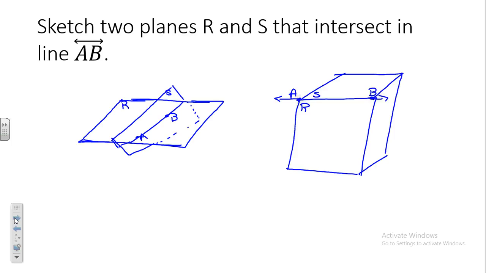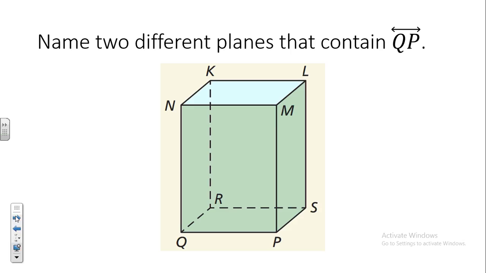Okay. Last example. Two different planes that contain, what is that symbol? Line QP. Okay. So we want to name two different planes that contain line QP. Do you see why they start to eliminate the points? Because it could clutter the drawing up.